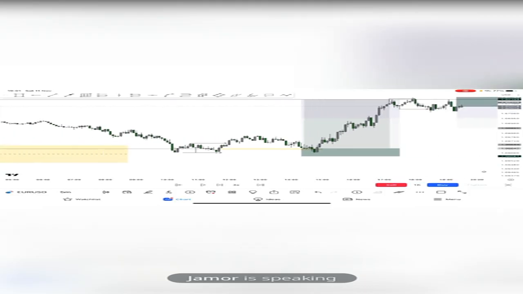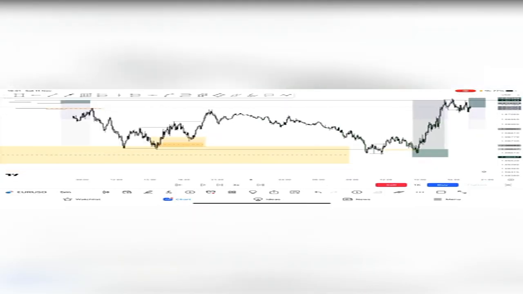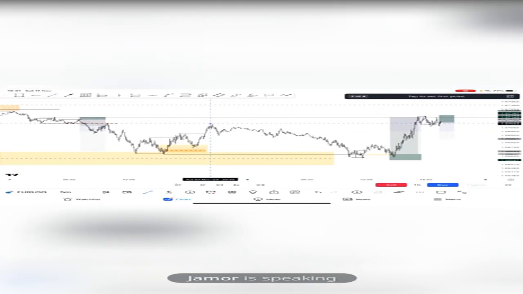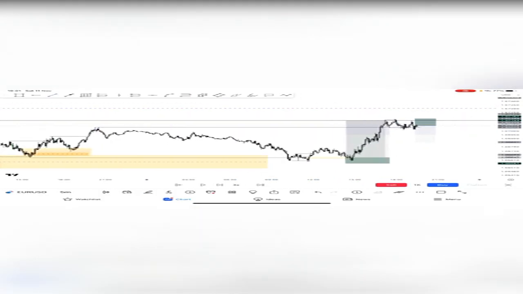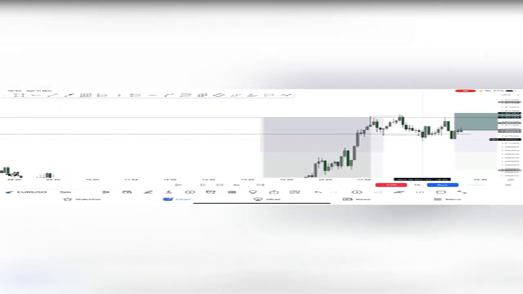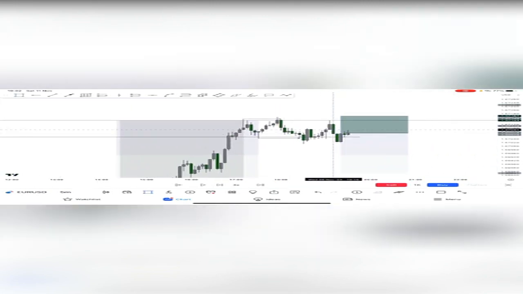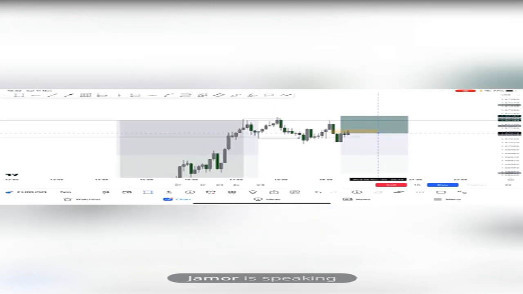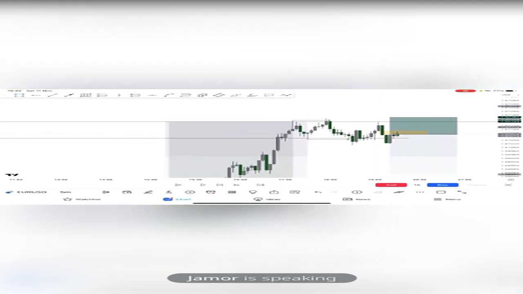For the people that don't look far, what they would see is this reaction here. For me, taking the risk is either this, or clear this high and take the sell.